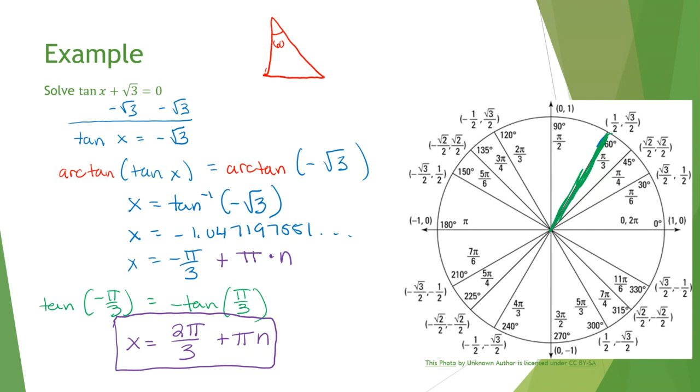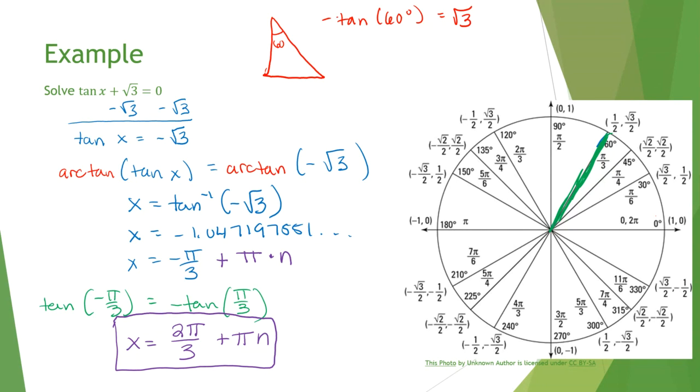And notice this, we can do this using our even odd rule. So negative tangent of 60 degrees. Basically, we're looking at what that is equal to. Since the tangent of negative 60 degrees is negative square root of 3, the negative tangent of that is square root of 3.